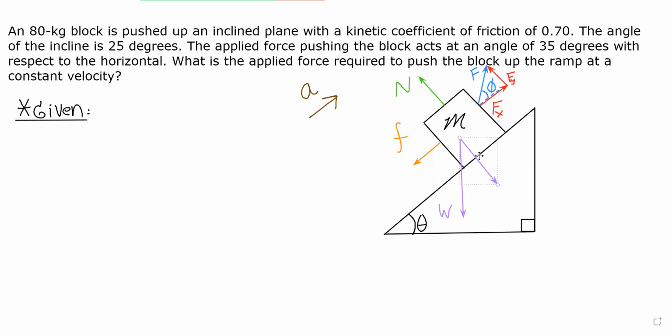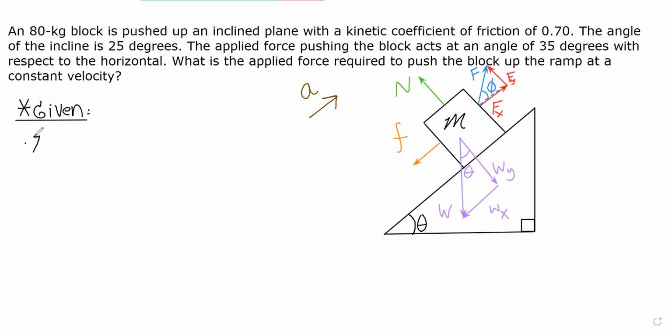So I'm trying to draw this next purple vector with an equal length to that of the N vector. My Wy should be equal and opposite. And then here's my Wx, the amount of gravity pulling you down the ramp. Finally, the angle inside this triangle formed by the gravity vectors should be the same as the angle theta, the angle of the ramp.